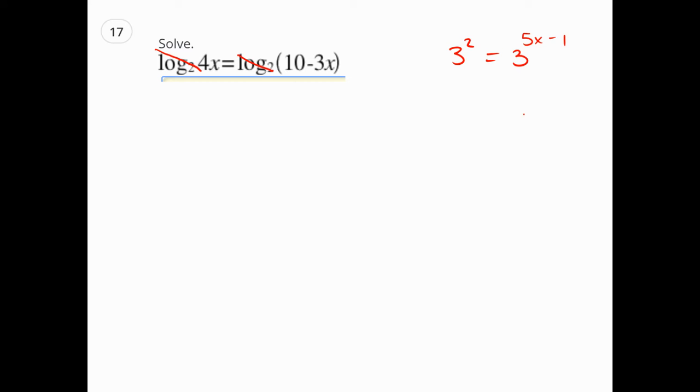I just made that up. But what do we know about the 2 and the 5x minus 1? Those have to be equal, because if they're set equal, then those exponents have to be the same. It's the same concept, showing it in a different way. So using that concept, the log expressions have to be equal to each other because the logs have the same base.